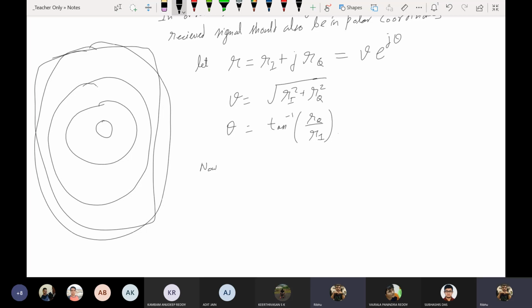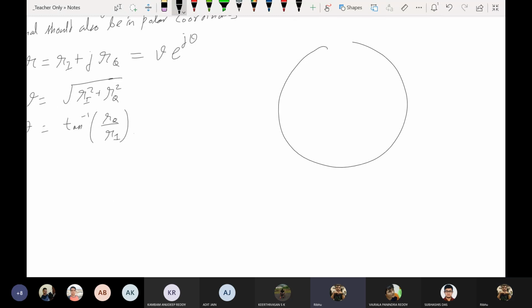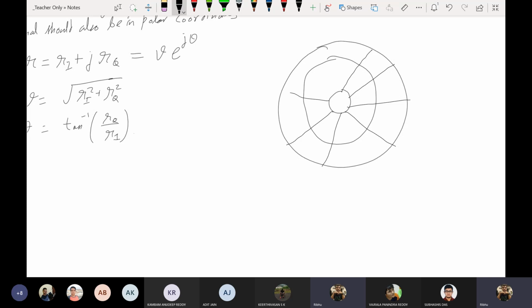So let's reformulate this problem. I'm throwing darts and the dartboard is like this. This is like the sun. So now there are multiple concentric circles.